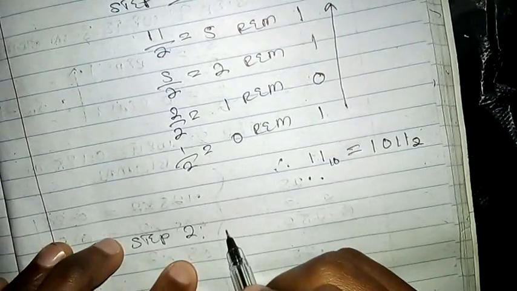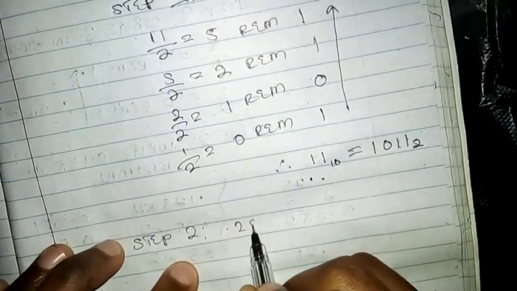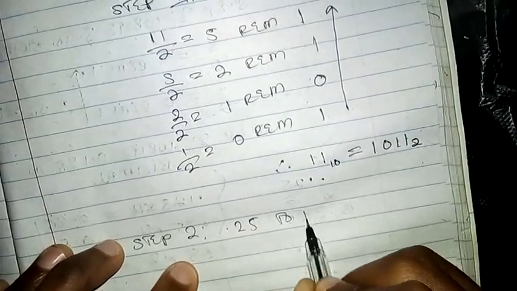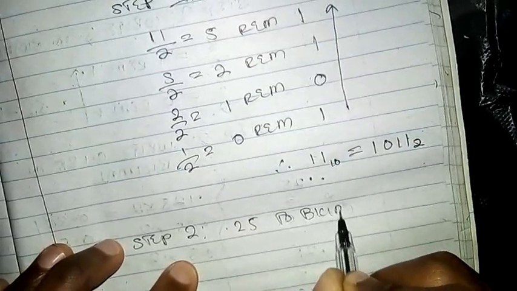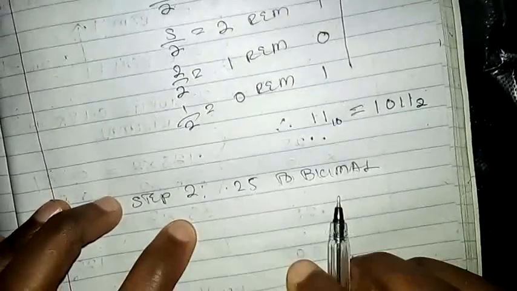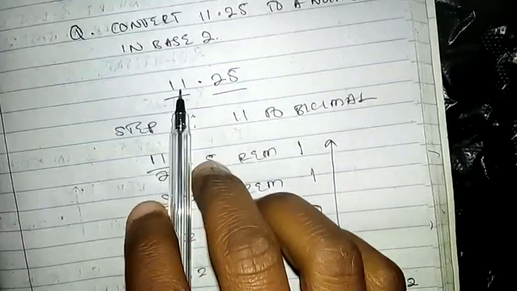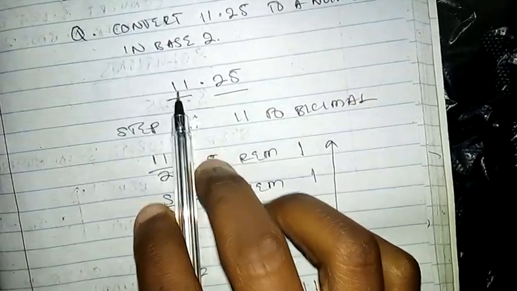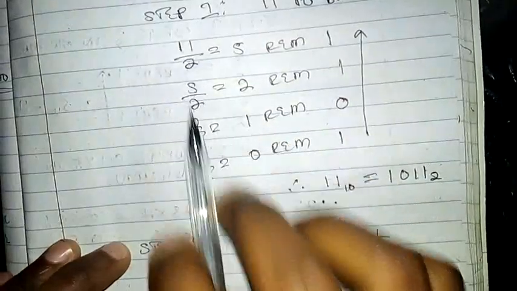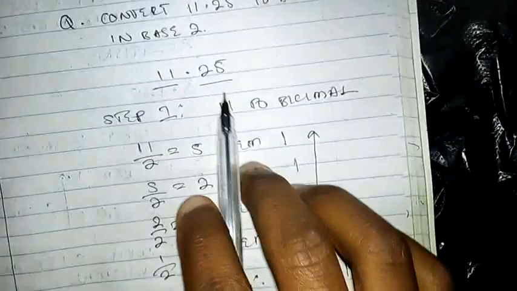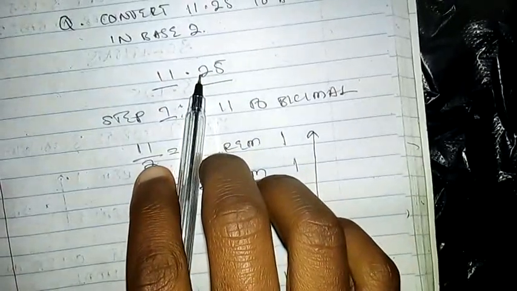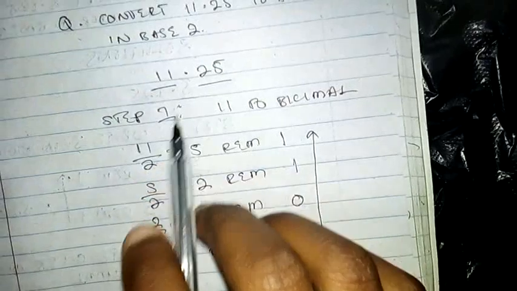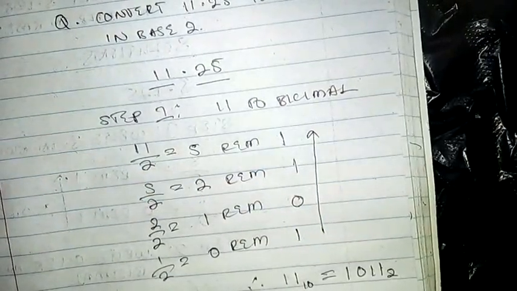When converting the whole number part to base 2, we divide continuously by 2. But when we are converting a decimal number to base 2, we have to multiply by 2 repeatedly.